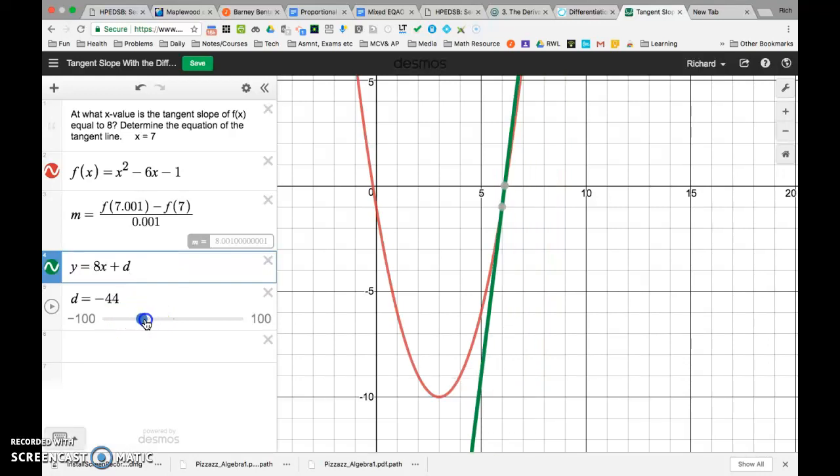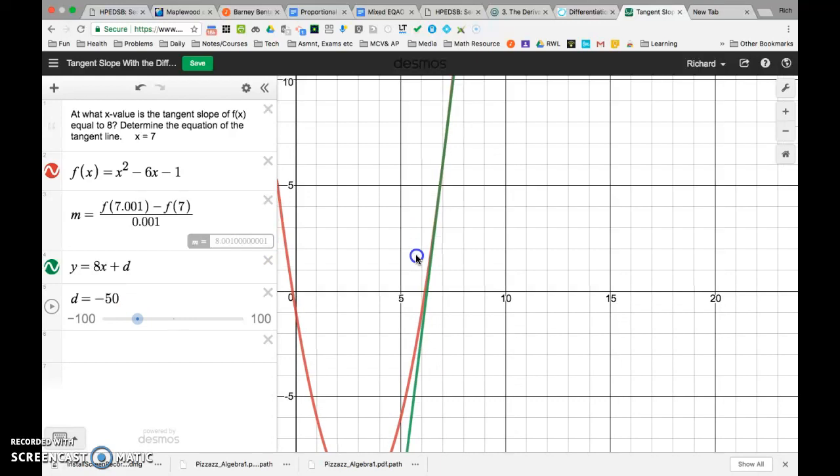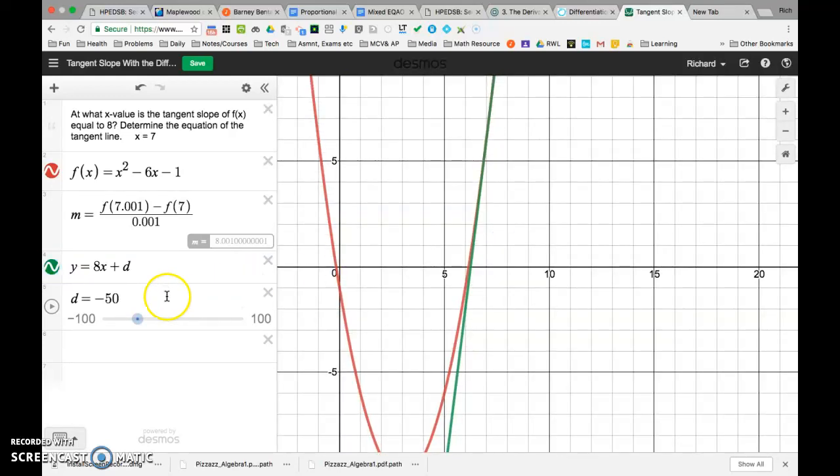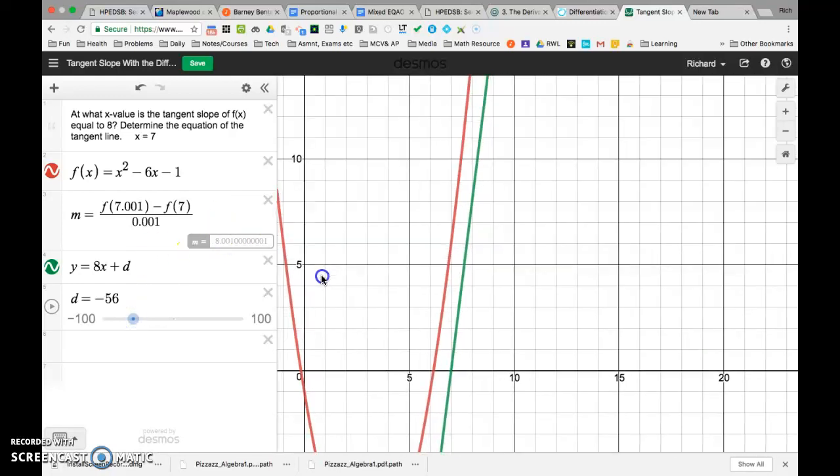And what I'm going to do now is vary this line here until I get a tangent. And look at that. Well, that's not quite right. I want to get a tangent, and the tangent's going to be at x equals 7, so it touches at x equals 7.